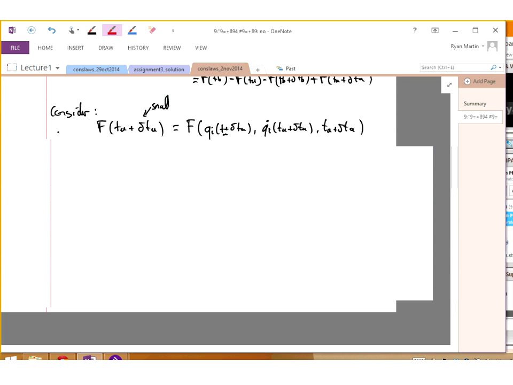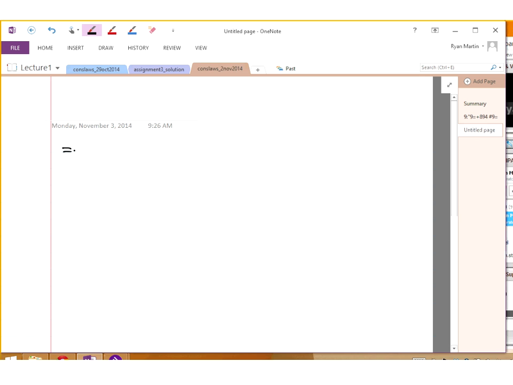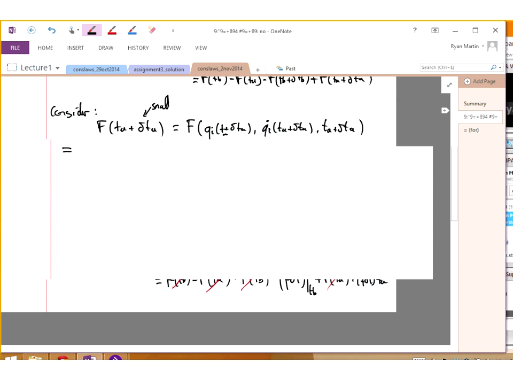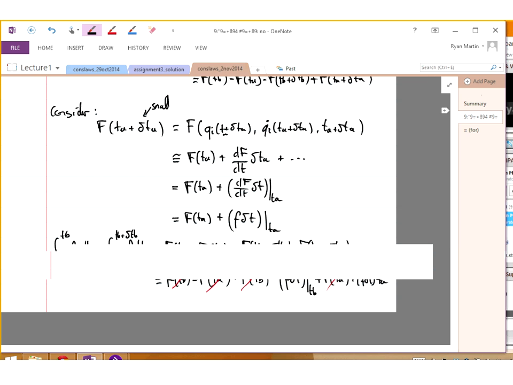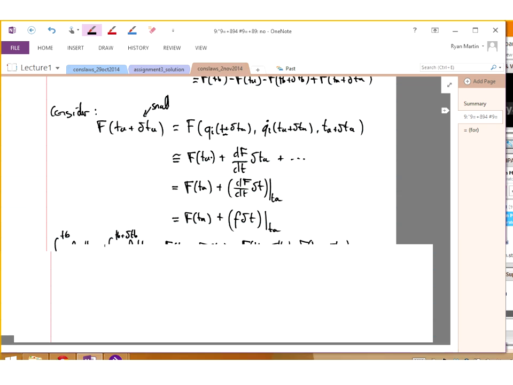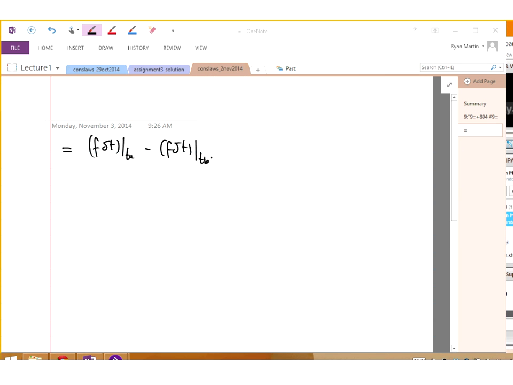And so that's equal to little f times delta t evaluated at TA, minus f delta t evaluated at TB. I'm a little bit confused why the sign is wrong in the notes.